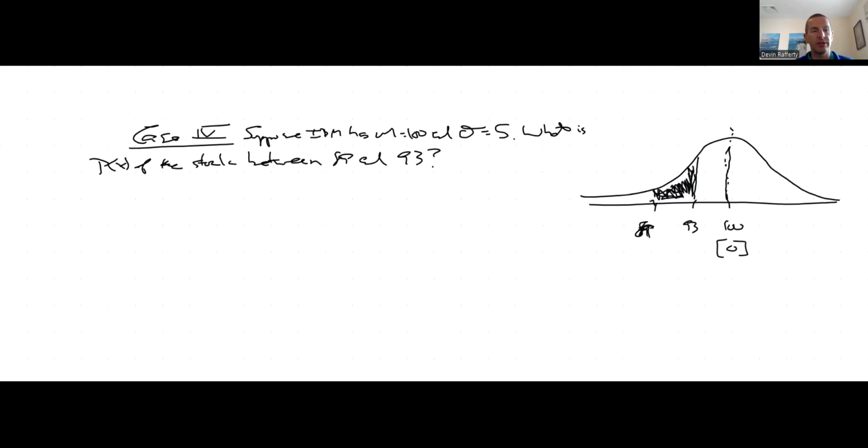So first things first, always convert to z-scores, right? I'll put z-score up here. Okay, z-score is equal to x minus mu over sigma, right? So z1 is going to be equal to 89 minus 100 over 5, which is equal to negative 11 over 5. That's negative 2.2.